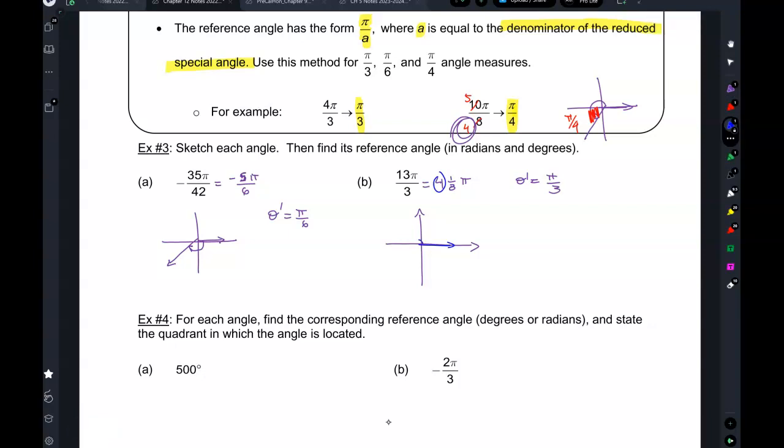Start here. 2 pi, 4 pi. You with me? Now I need to go how much more? 1/3 of a pi. Is 1/3 more or less than a half? Less than a half, so I'm right over there. Do you see how that works?